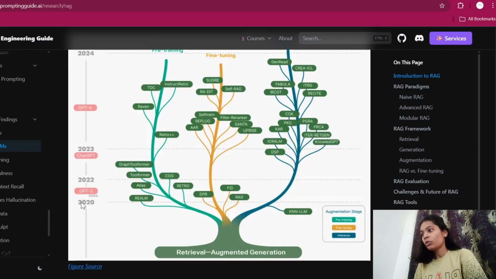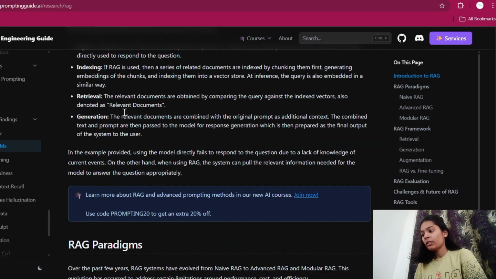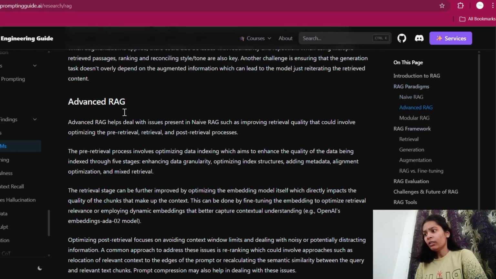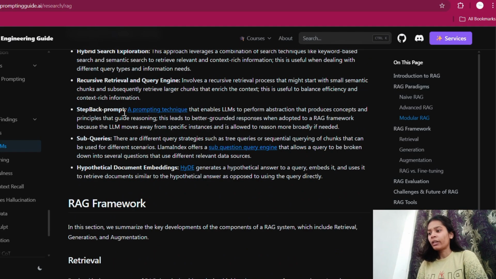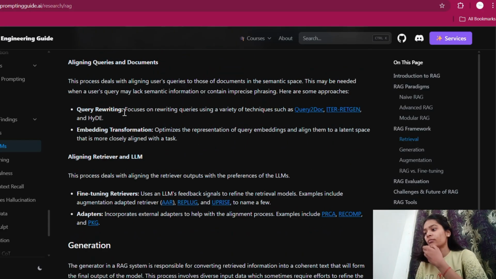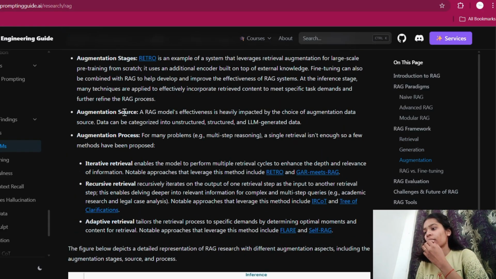So 2020 to 2040, and we talk about the paradigms: Advanced RAG, Modular RAG, and what the framework of RAG is: generation, augmentation.